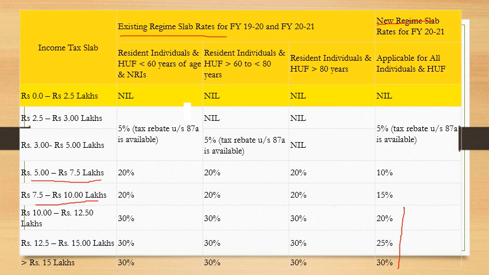So if total income is 5 lakhs, then my taxable income is 2.5 lakhs, because up to 2.5 I do not have to pay any tax. If the taxable income is 2.5 to 3 lakhs, then 5%. For that again I can enjoy certain tax rebates under section 87A. That we will discuss in the next slide.